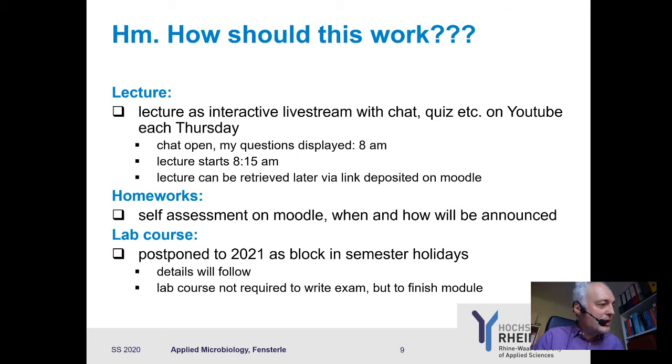Exam, honestly, we don't know yet how the situation develops. So there will be an exam for this module. What type of exam, we don't know yet. And as soon as we know the development, we will keep you updated. The exam will be after the semester in whatever form, and for sure the exam will be very fair, because the corona situation is a challenge to all of us.